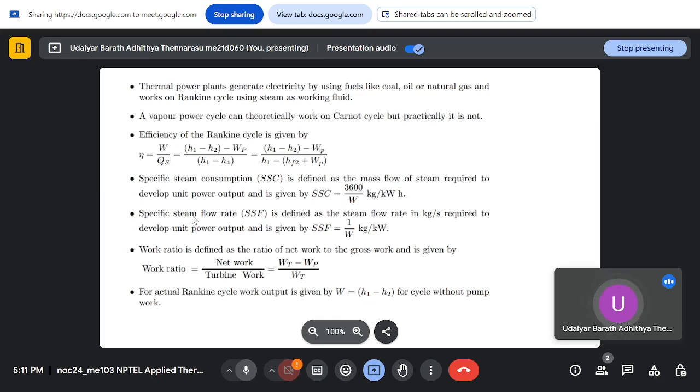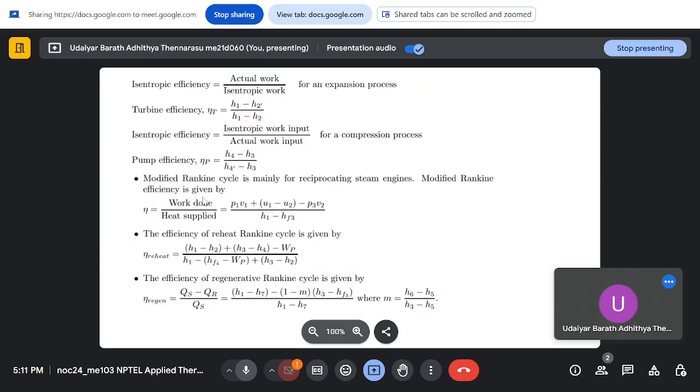So specific steam flow rate is now in terms of seconds, so kg per kilowatt-second is 1 by W. The work ratio is defined as the net work by turbine work. For an actual Rankine cycle, work output is given by your change in enthalpy across the turbine. So isentropic efficiency is actual work by isentropic work for an expansion process, and the other way around, isentropic work by actual work, for the compression process.